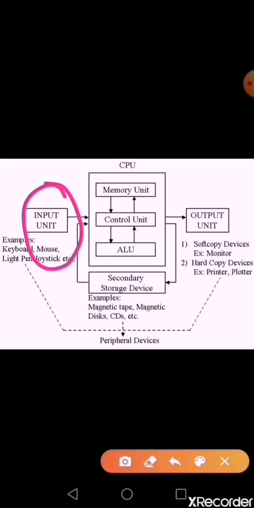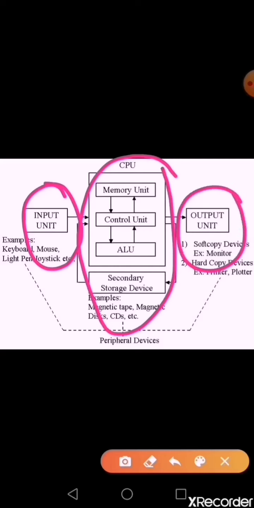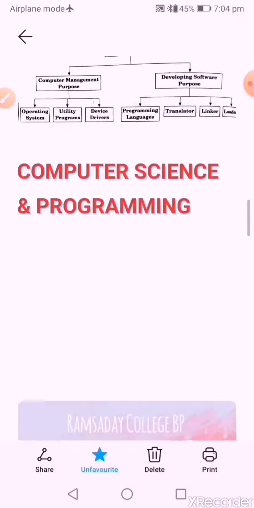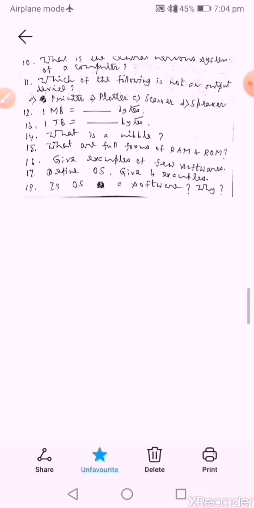First, input unit, second, CPU or Central Processing Unit, and third, output unit. This unit, CPU, called Central Processing Unit, is called the brain of a computer system.